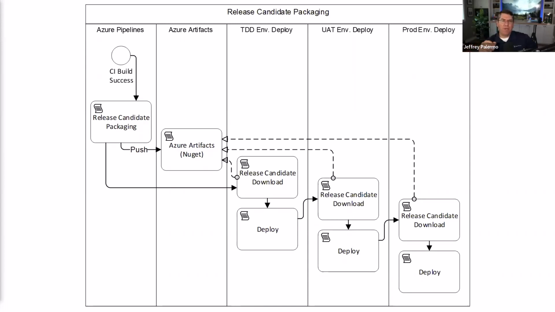Every time you create a build, you're creating an unproven release candidate. That's why we call it a release candidate. It is a candidate for release. We don't know that we're going to release it. We have to run it through our unit tests, integration tests, and full system acceptance tests in a fully deployed environment.